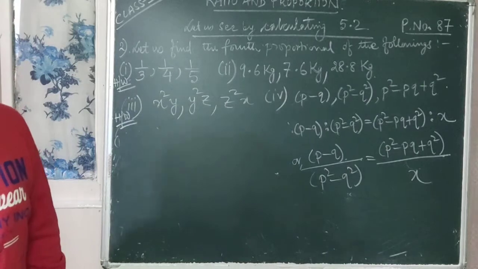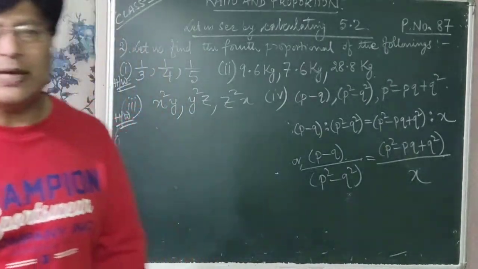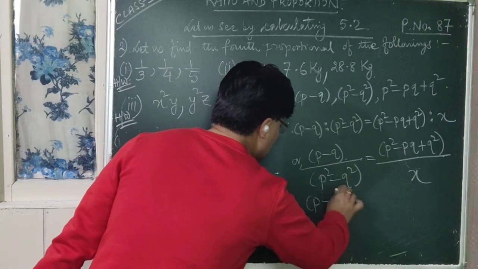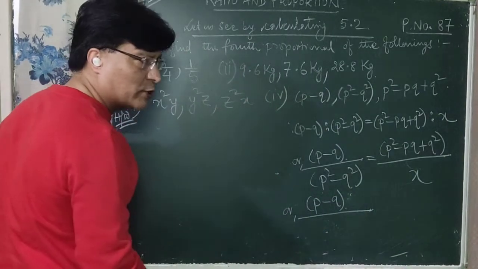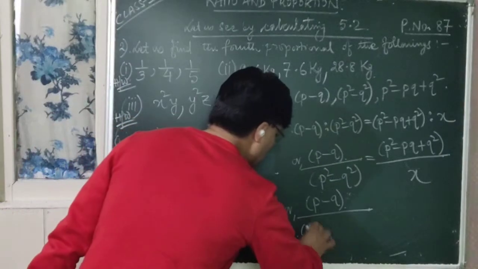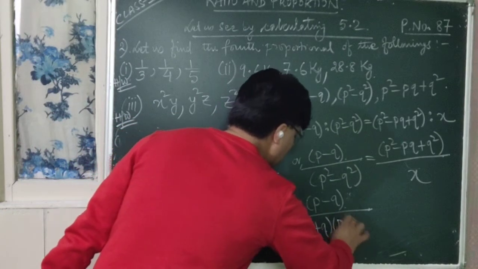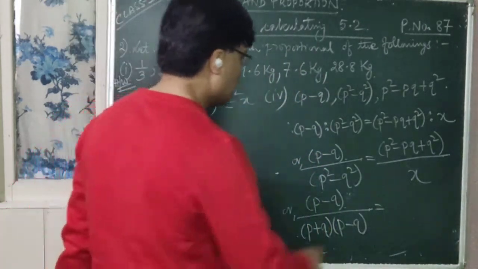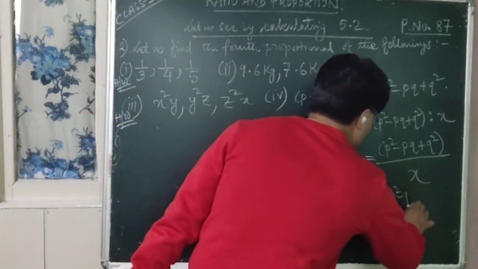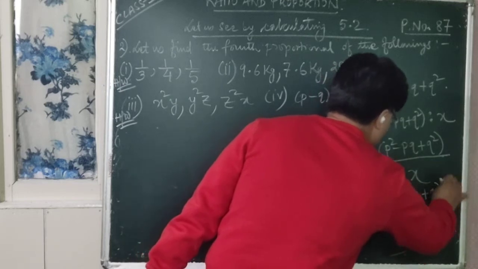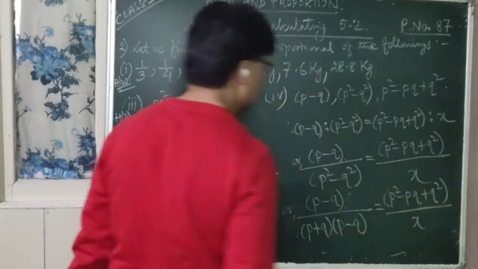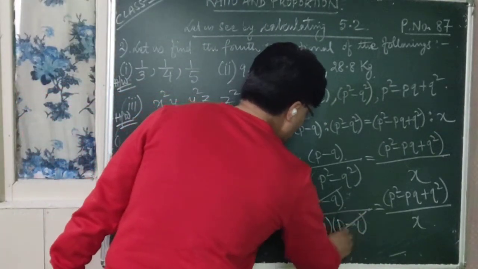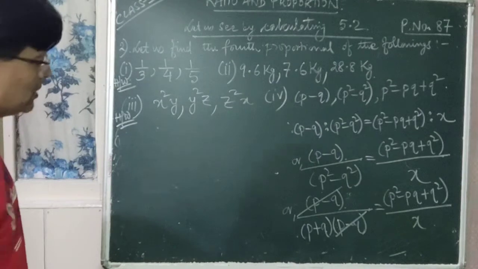That is a square minus b square, which is equal to a plus b into a minus b. Or this is your p minus q divided by, what is p square minus q square here? It is p plus q into p minus q is equal to p square minus pq plus q square, this whole divided by x, right? So what can you cancel? This p minus q will be cancelled.